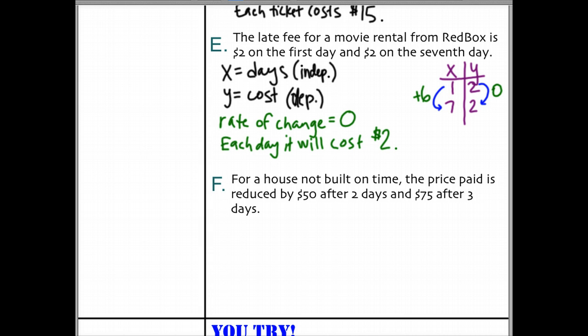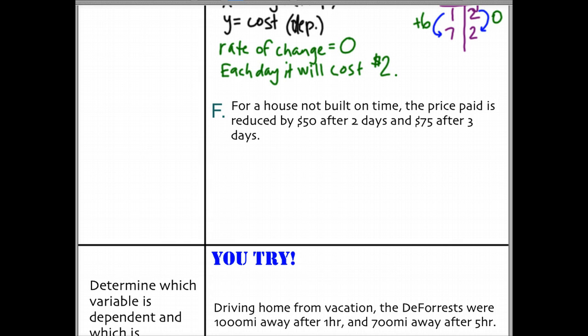And our last example in this video: for a house not built on time, the price paid is reduced by $50 after 2 days and $75 after 3 days. So we need to figure out which is going to be our x and which is going to be our y, or our independent and dependent variables.